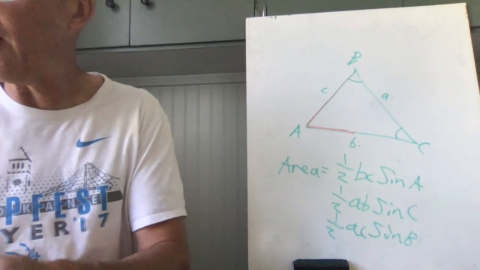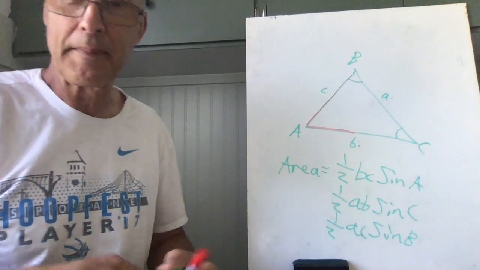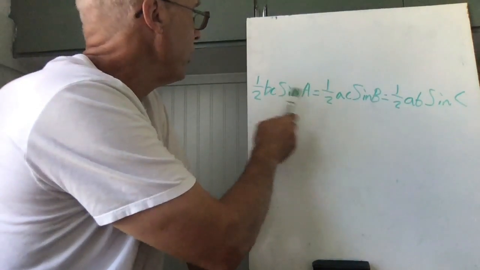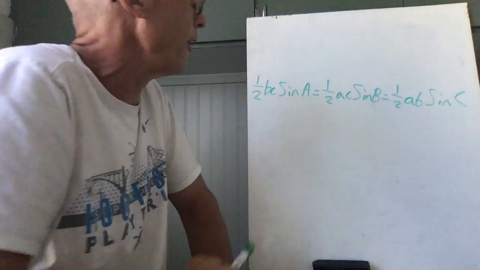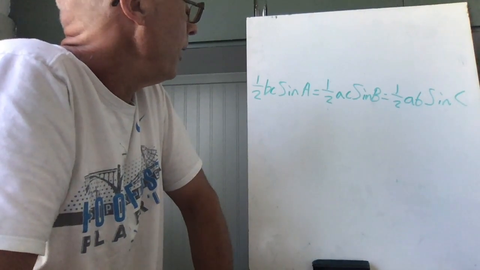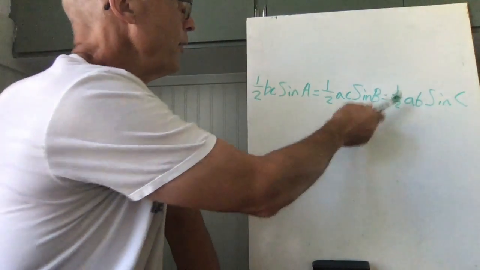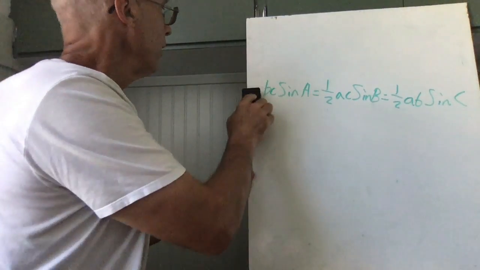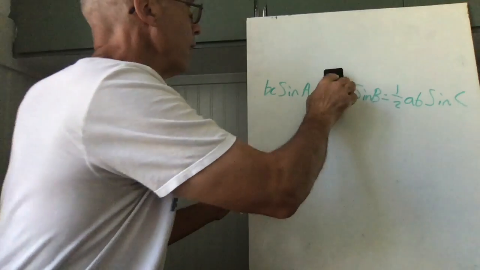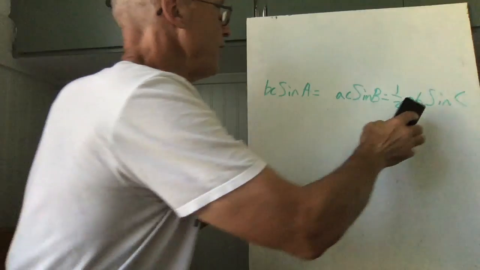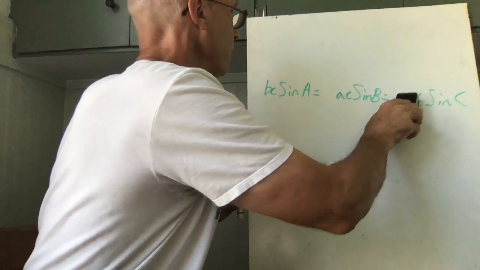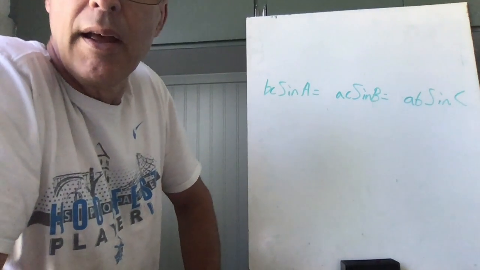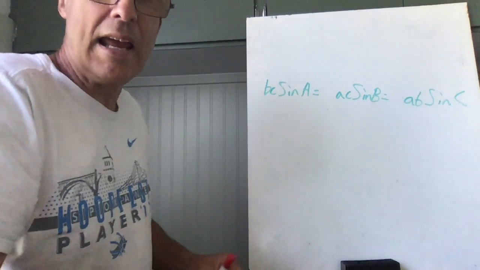Okay, now let's hit the actual law of sines. We're going to start by putting all those area formulas that we just figured out equal to each other. And then let's get rid of the 1/2 part, so multiply everybody by 2, okay? So you get BC times sine A equals AC times sine B equals AB sine C. And now let's divide every one of them by ABC.